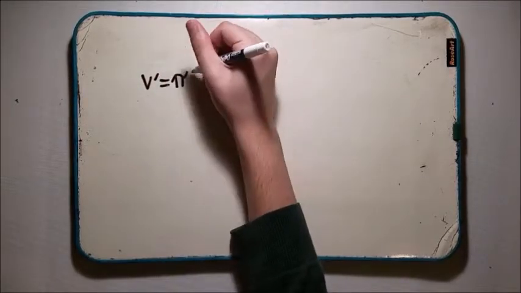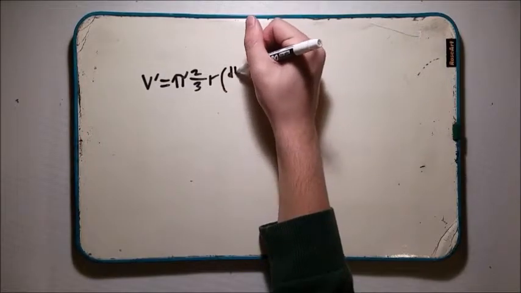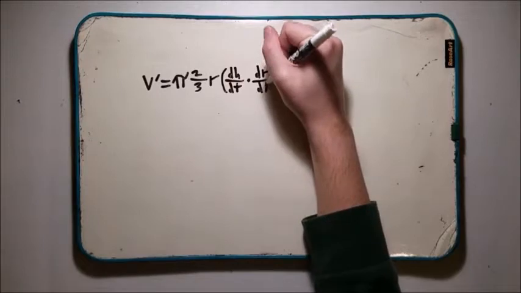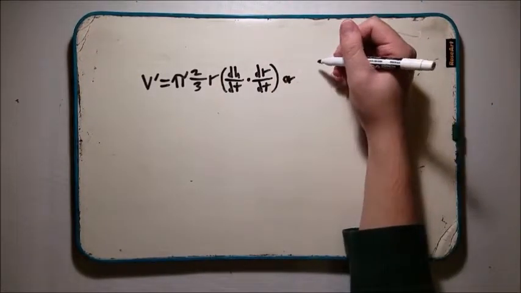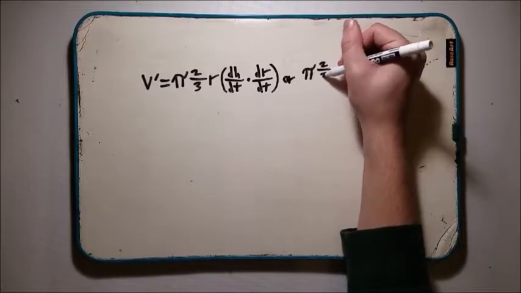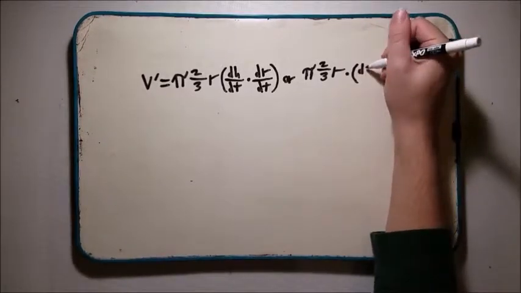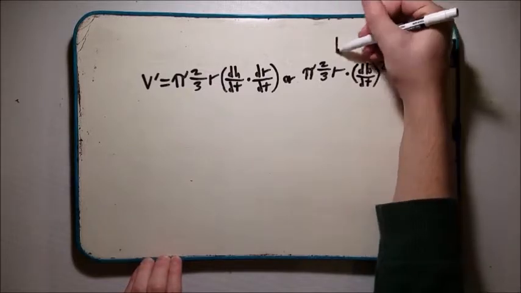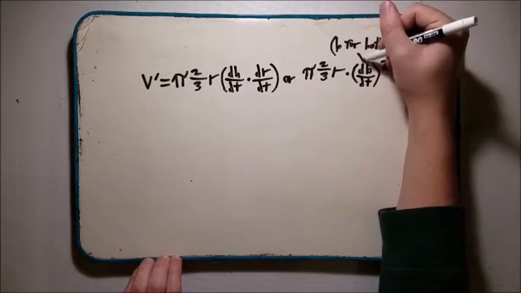So, V prime equals pi 2/3 r times dh over dt. For this we had to take the derivative of the volume equation, and for variables such as r and h, similar to using y in our equations, when we take the derivative of a variable as such, you can skip straight to just calling it h prime or r prime because the math works out.